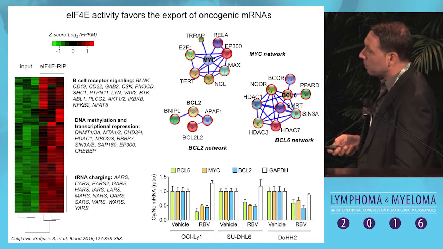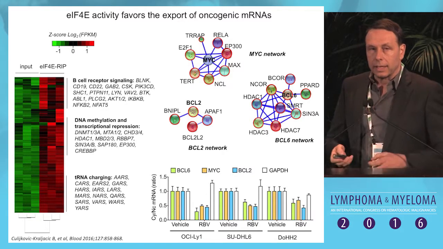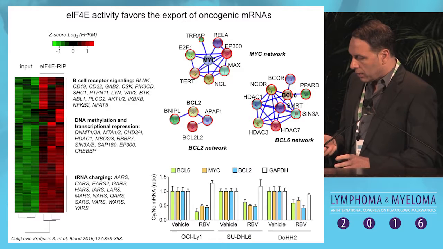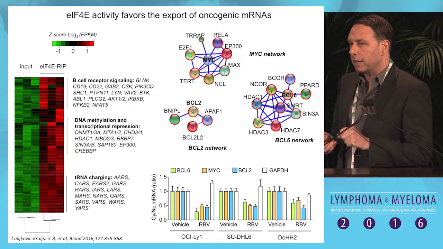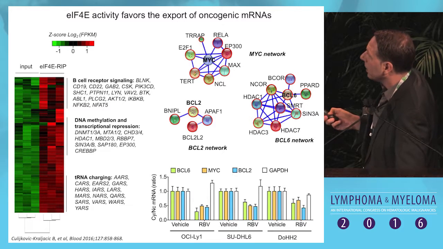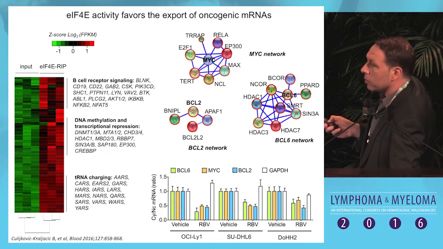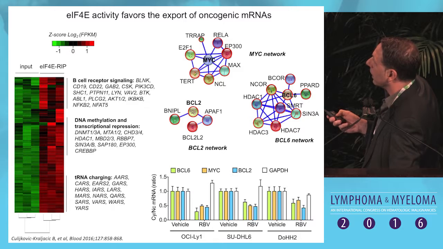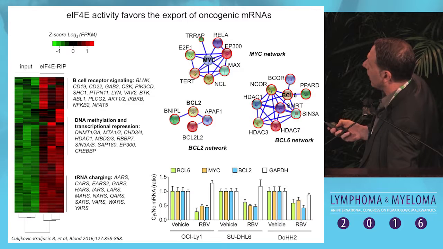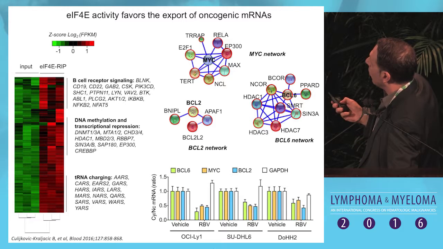To investigate all the targets that are exported through this mechanism, we checked the RNAs that are associated with EIF4E. There are many, many RNAs that use this specific nuclear pore, including all those that code for B-cell receptor signaling here, and many other pathways as well, and all the network that is associated with MYC.